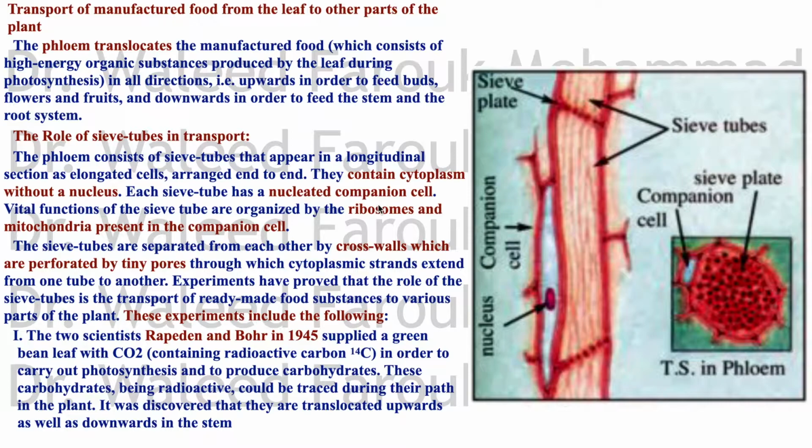How does it do that? The phloem consists of sieve tubes. Sieve means a strainer.